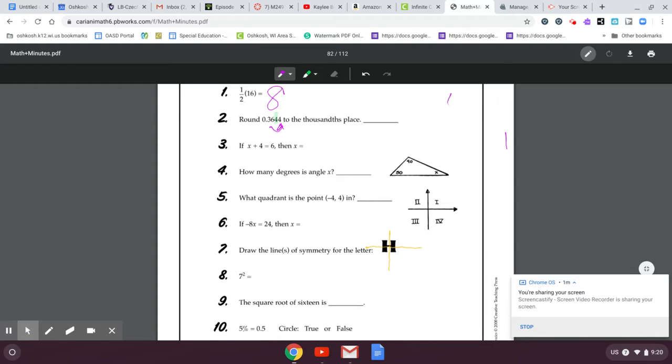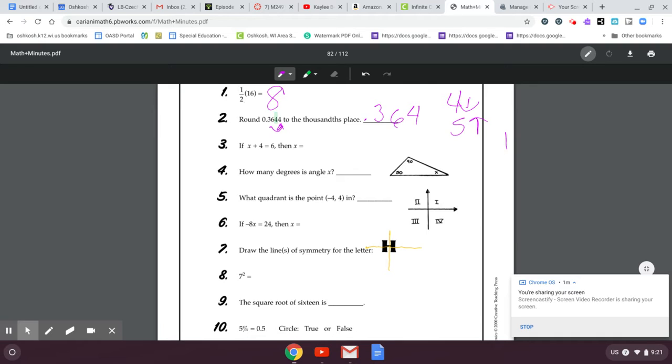If that is 4 or below, we need to round down, and if it's 5 or greater, we need to round up. That 4 is 4 or below, so we're going to round down, and we keep it at 4. So our new number is 0.364, and that's it.